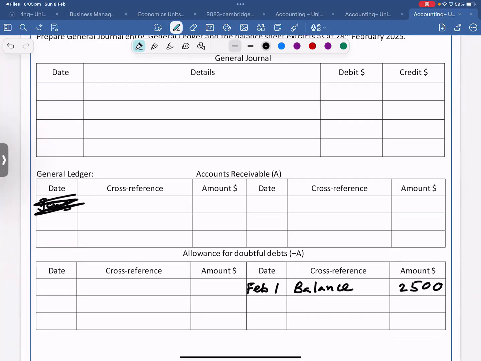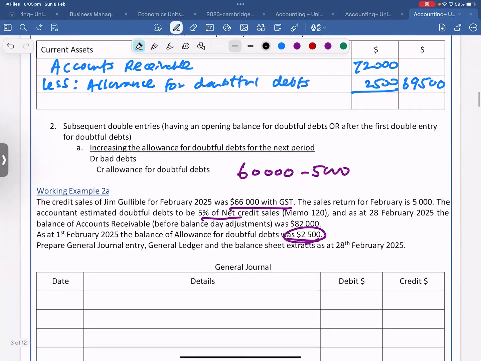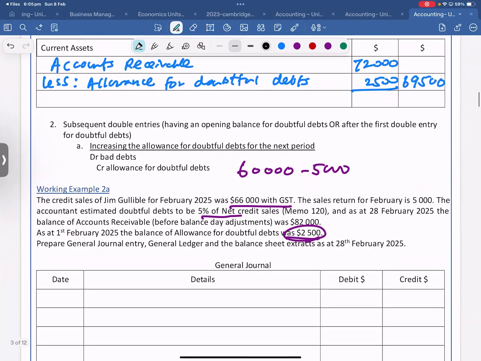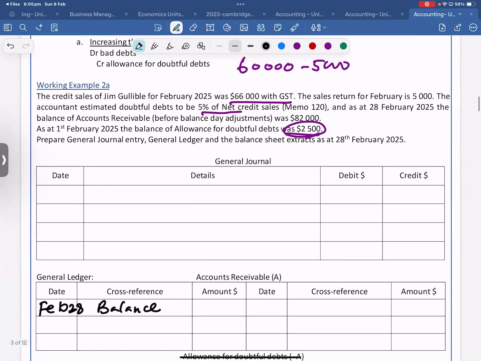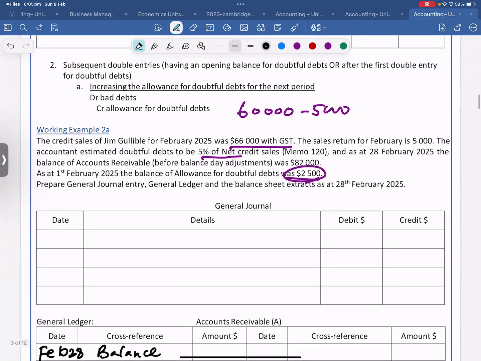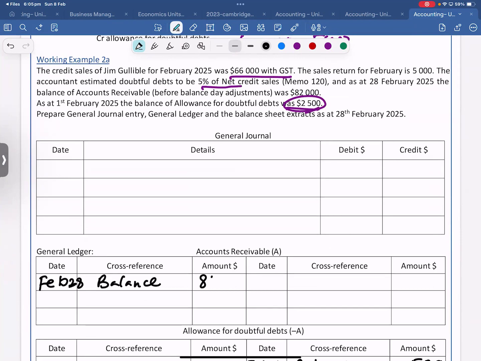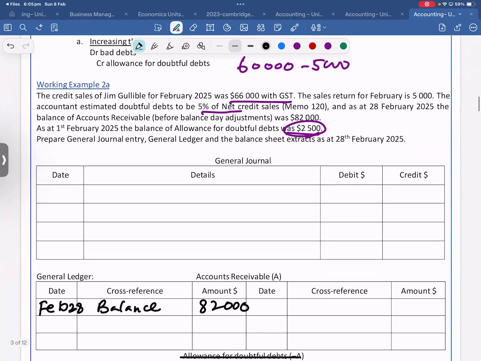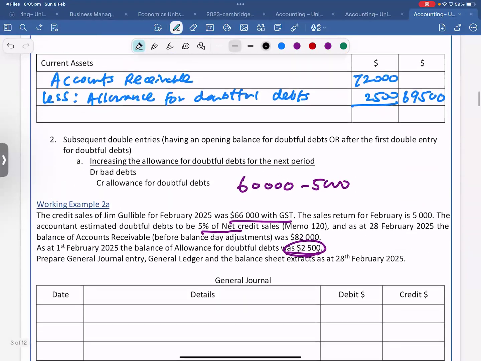January 31st, February 28th. Balance. How much was it? 82,000.